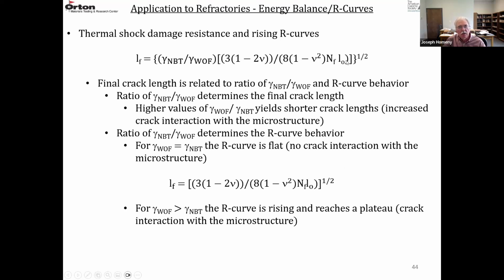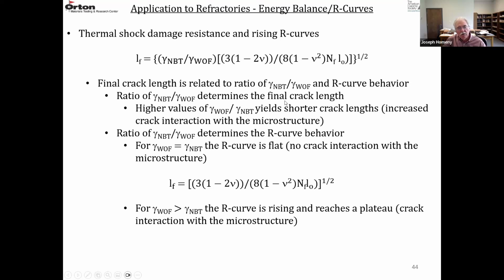So this is the equation that we're looking for. The final crack length is related to this ratio. It's actually the inverse of the one I had mentioned a few slides ago. It's gamma NBT over gamma WF. So the final crack length is related to this ratio, and you can relate that to the R curve behavior.